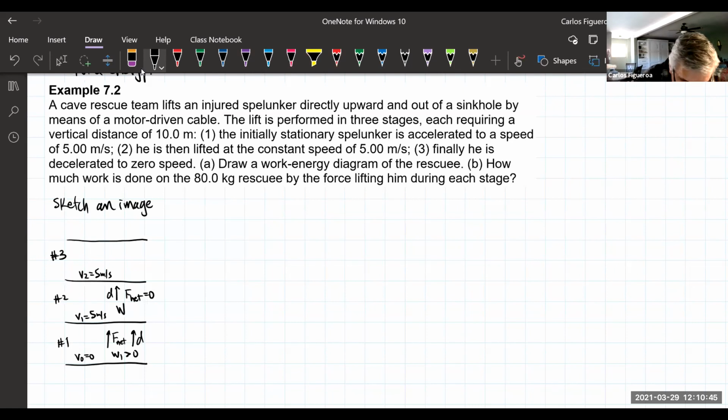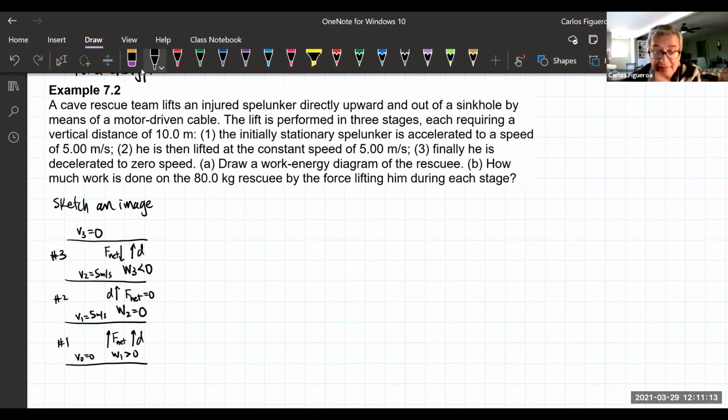So in this case, the work during this period is 0. And then finally, you're going to slow down to a speed when you get to the top that's 0. So the only way I can decrease the speed here is if the net force and the displacement are in opposite directions. So the work during stage 3 must be negative here.